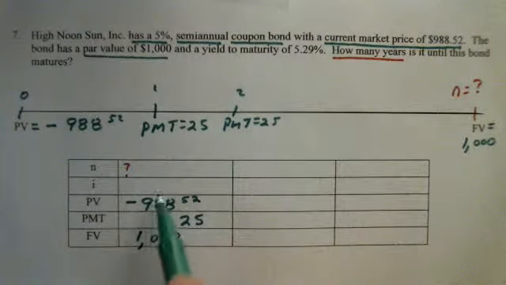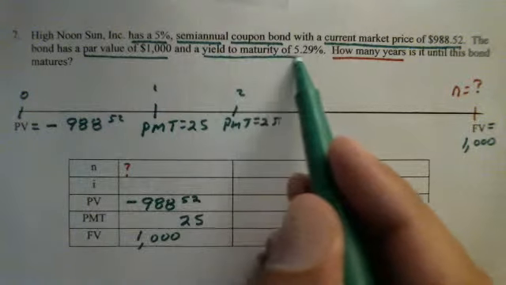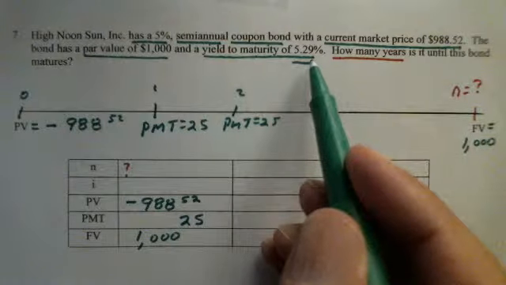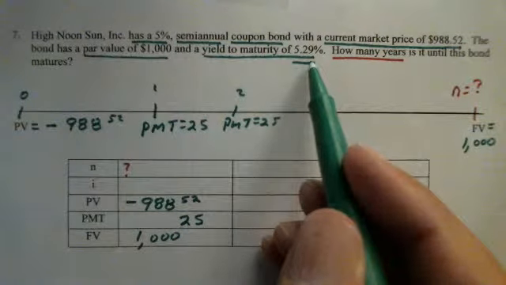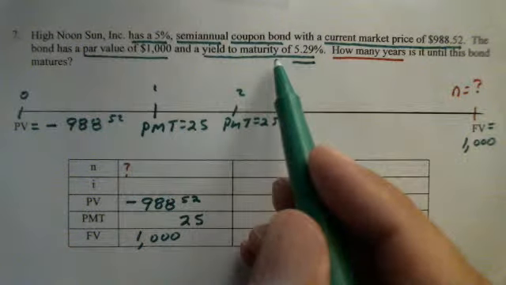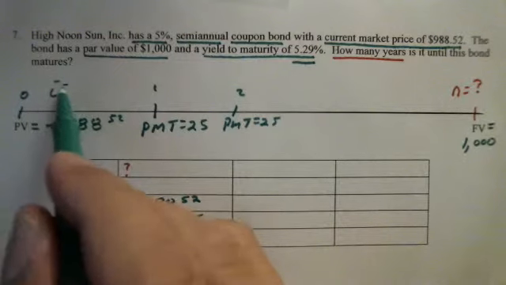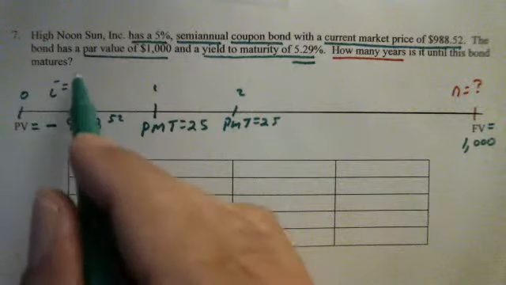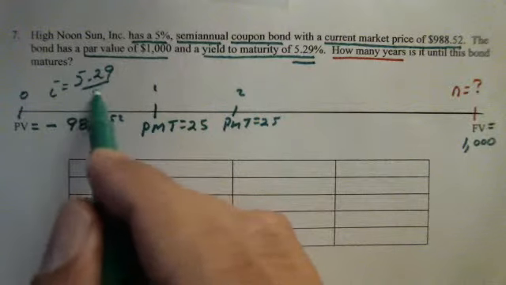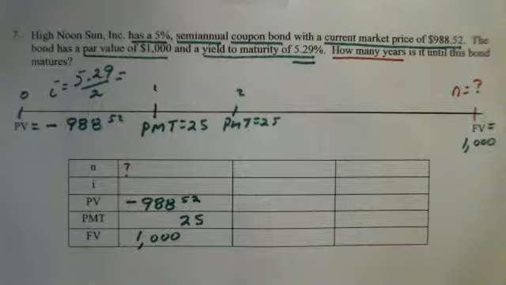One more blank here that I know, and that is my yield to maturity is 5.29%. Now, that's not quite my I. That is my annual yield to maturity. But because this is paid twice a year, every 6 months, I must divide that interest rate by 2.